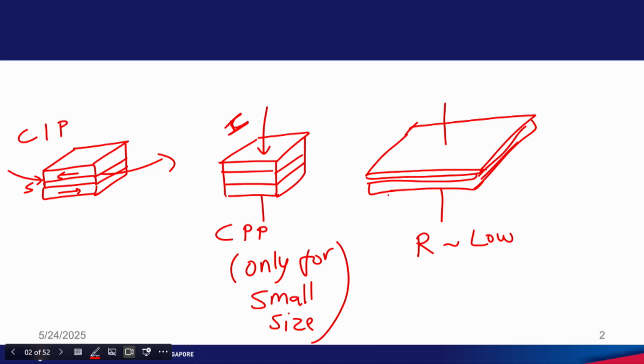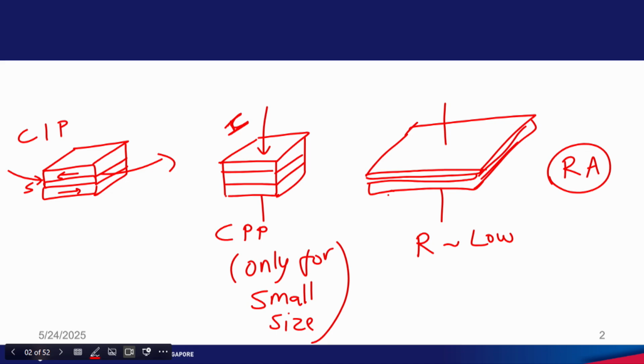Large sheet of magnetic materials you try to measure. So, basically we use something called RA, the resistance area product, to define the GMR TMR sensors. Let us say we have some RA value, you divide by a large A, then you will end up with some low resistance. So, this is the problem.